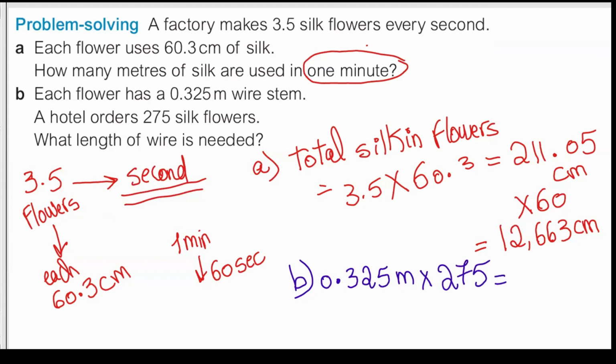So 0.325 meters in one flower times 275 flowers, and your answer will be 89.375 meters of wire stem. You have to be careful also about your units. Next part.